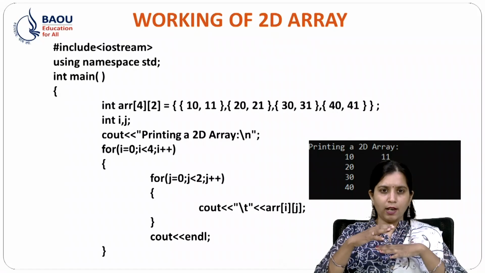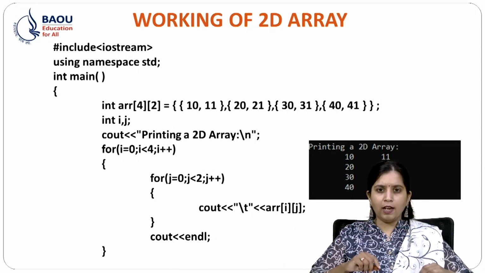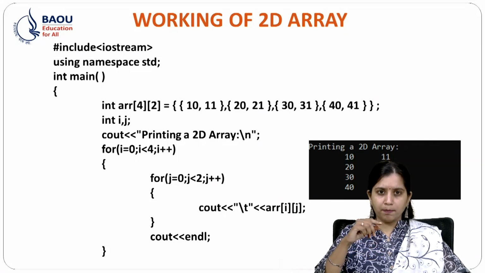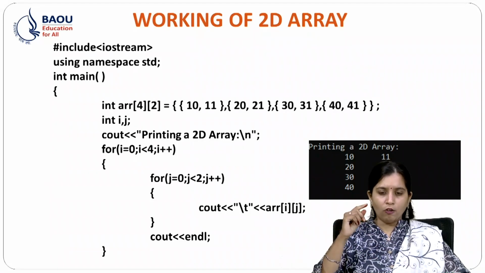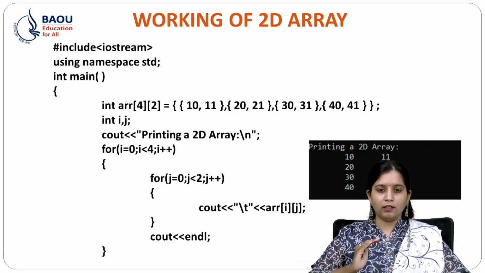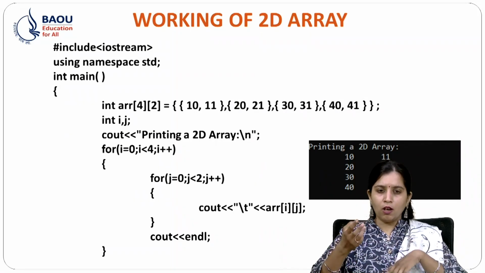We first initialize the 2D array, that is 4 and 2. After that we print the array using 2 for loops. The outer for loop is used for iteration of rows, while the inner for loop is used for iteration of columns.